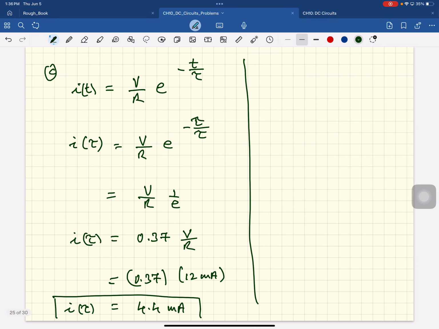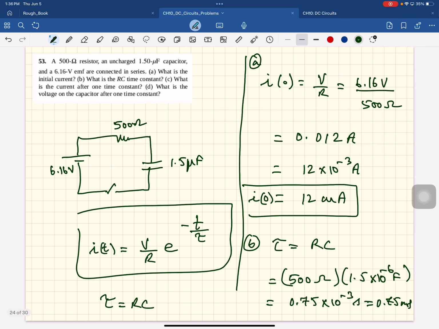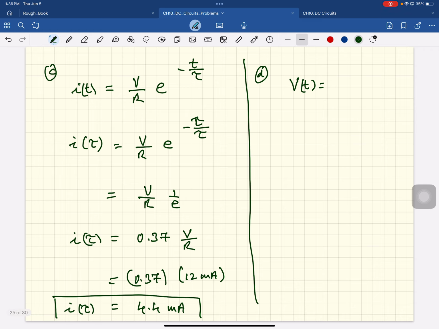What is the voltage on the capacitor after one time constant? For a charging capacitor, charge is CV.